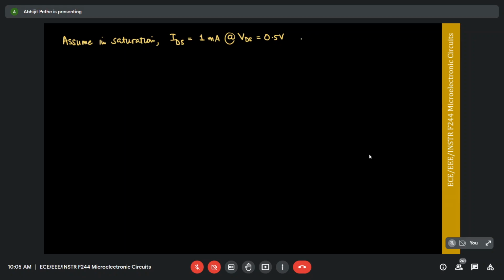The question given to you is, if lambda is equal to 0.1, what is the value of IDS at VDS equal to 1 volt? What are the units of lambda? Volt inverse. Very good.